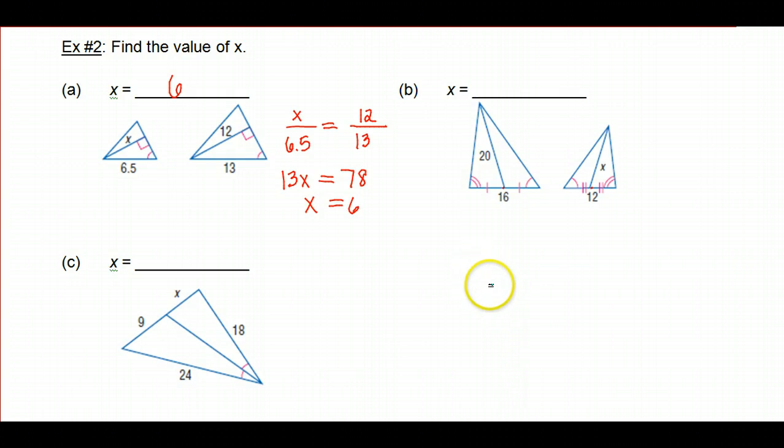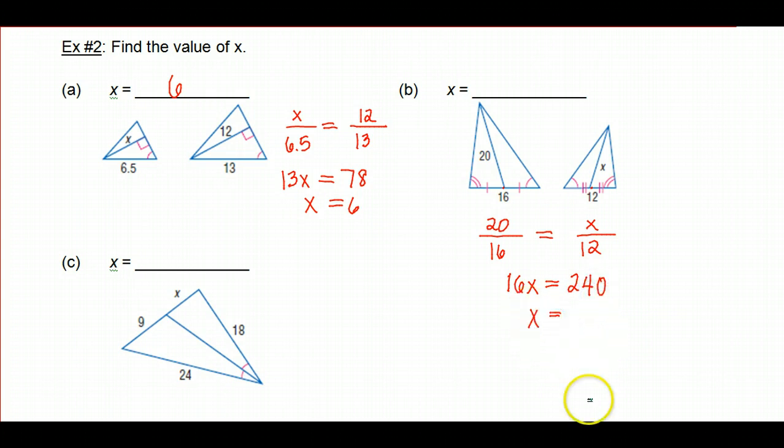So somebody give me the proportion here. Brittany? X over 12, so we cross multiply, and we get 15. All right, questions?